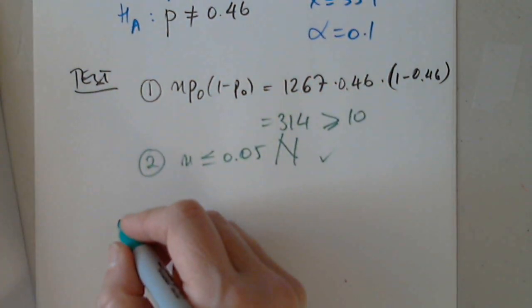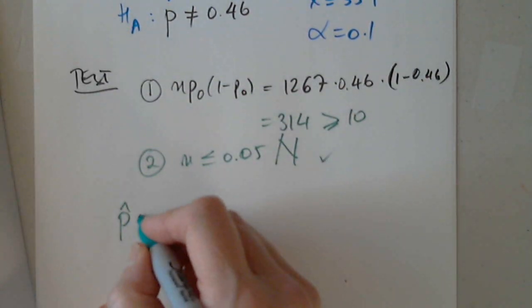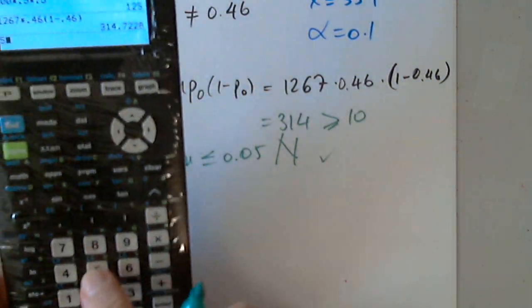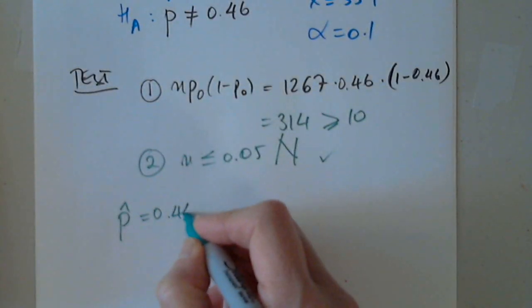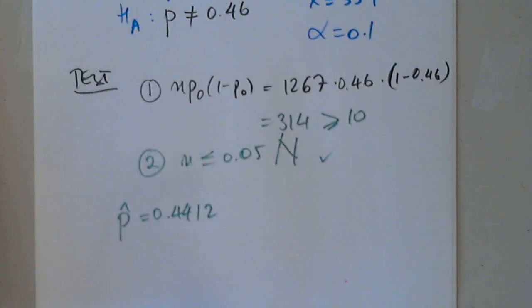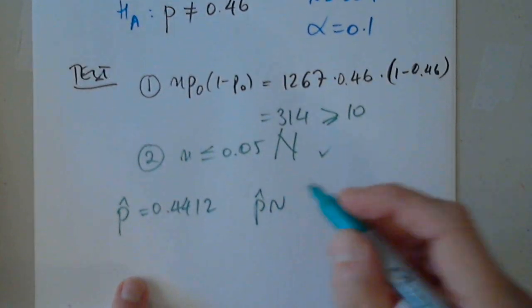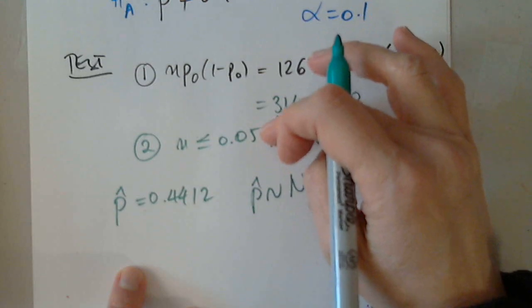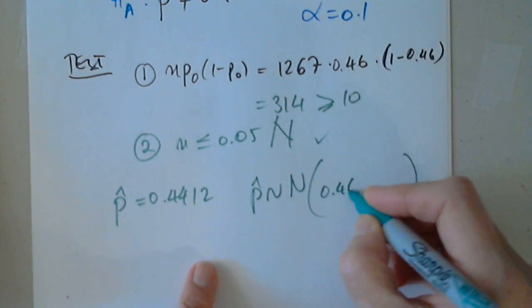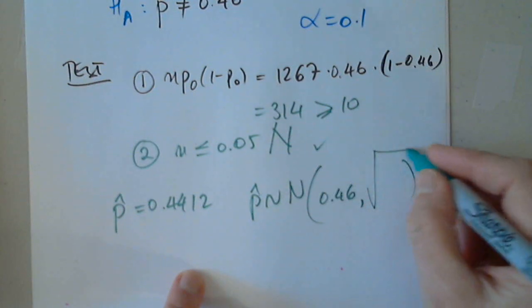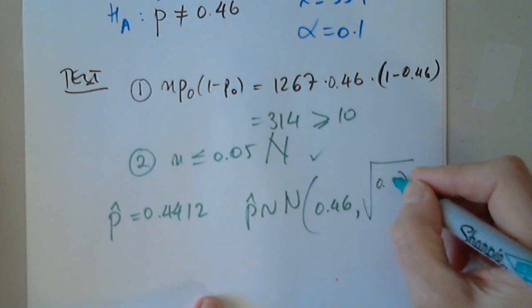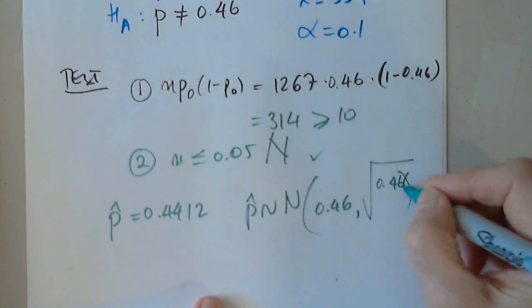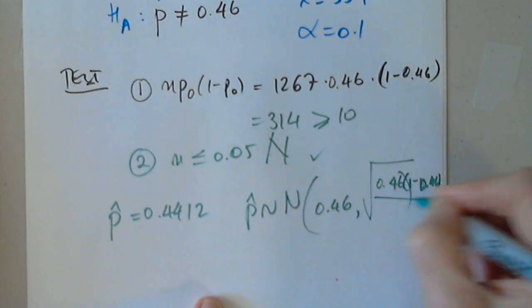At this point, I will say that p hat, which I haven't calculated yet but have to, we don't really need it, but at least you know what I mean. We need to understand what's happening here. So this is 0.4412. We know now that p hat is approximately normal because the conditions are fulfilled, with a mean of 0.46 and a standard deviation of the square root of 0.46 times 1 minus 0.46 divided by n.